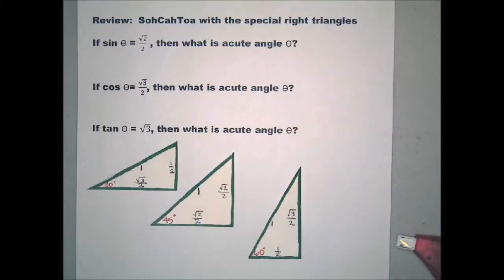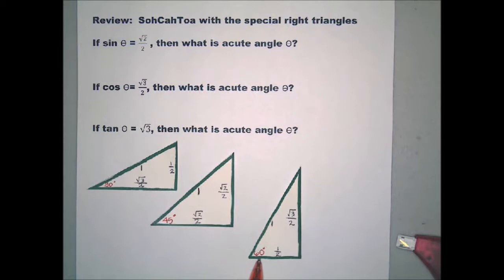The last concept is reviewing trig functions, sine, cosine, and tangent, SOHCAHTOA, with the special right triangles. So you see I've put back those 3 different models I was using in the unit circle. Here's the 30-degree model, the 45-degree model, and the 60-degree model.